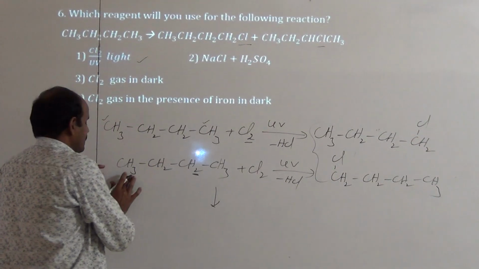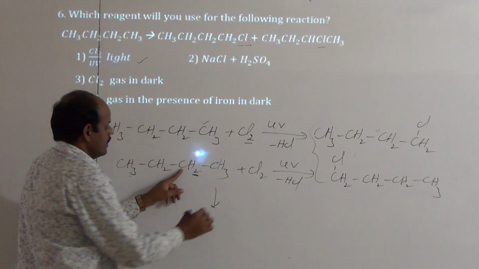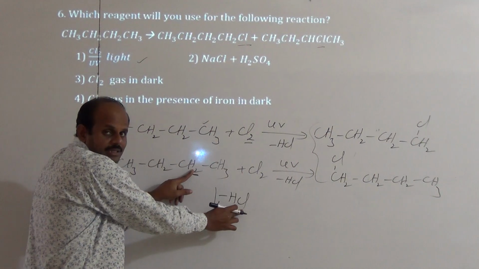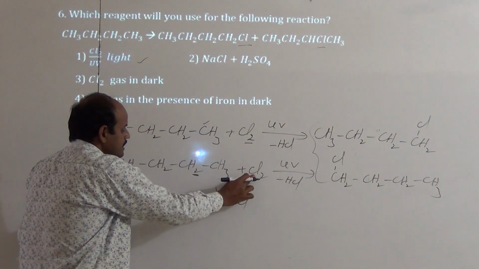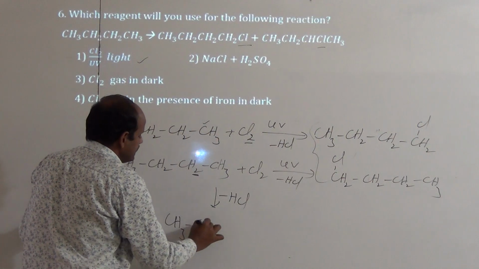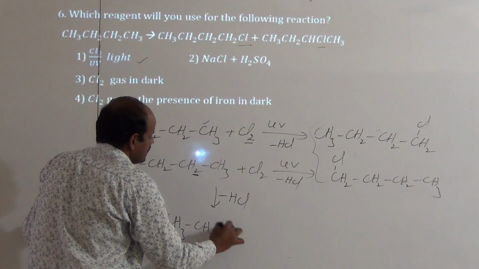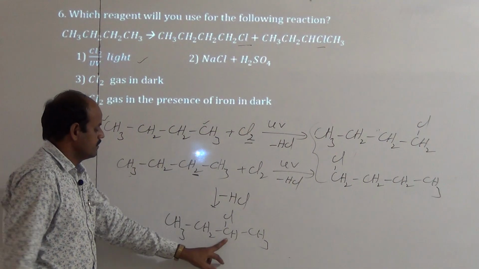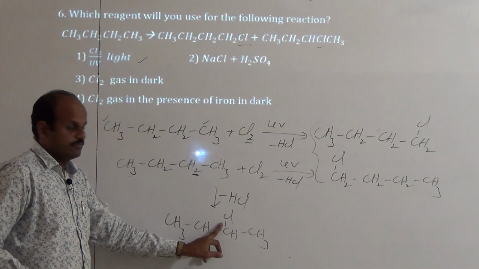And if these hydrogens on this carbon are involved, then what happens here? Here hydrogen, here chlorine, removed as HCl. Then one more Cl is there, now it can attack on this carbon. Then CH3CH2CHClCH3 is formed, meaning on the second carbon from the right side Cl is there.